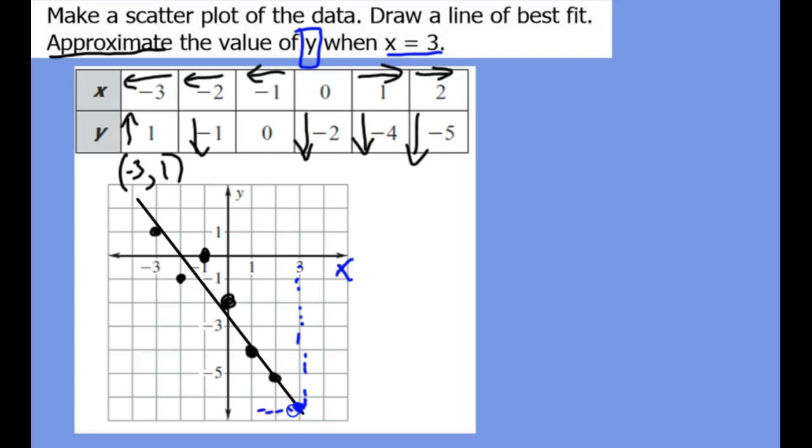Then we're going to go over to our y-axis to see where our y would be about. If this is -5, this is -6. So we'll say that y is about -6.5. If you wanted to say y equals -6, that would probably be okay too, depending on where you draw your line. But as long as it's close to -6.5, we're good.